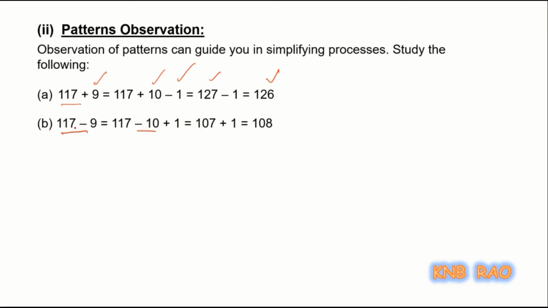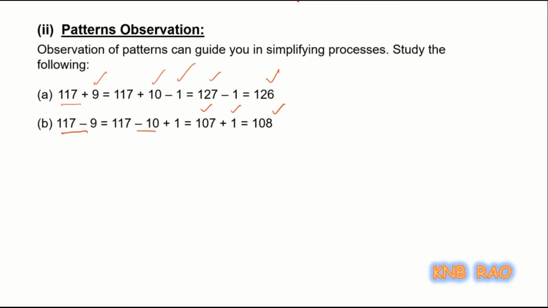In this case, 117 minus 9 can be done by first taking away 10 from it, it gives 107. From 107, we need 1 more, so for that we will add 1, it gives 108.